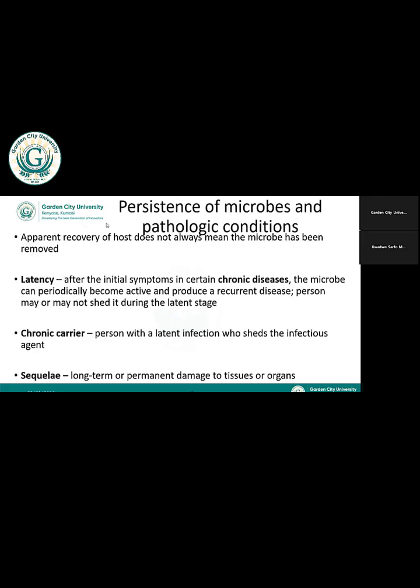So you can have several pathologic conditions. In the case of latency, you can have initial symptoms showing, especially in the chronic infections. Then they stay dormant, they recur, stay dormant, recur again in the same individual.